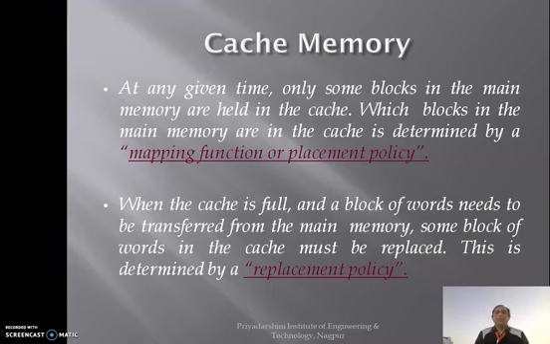Which blocks of the main memory are in the cache is determined by a mapping function or placement policy. Due to this size limit, which block of the main memory can be placed into the cache and where it has to be placed is decided by the policy called the placement policy or mapping function.